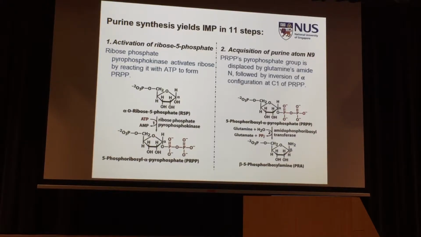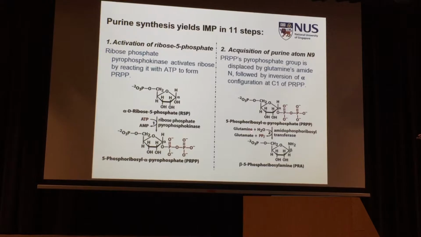Because this is a high phosphate compound, it has a lot of energy and is going to be very reactive. The nitrogen is donated by the amino acid glutamine. Now you know the similarity between glutamine and glutamate. Glutamine has an extra NH2. They're very similar.